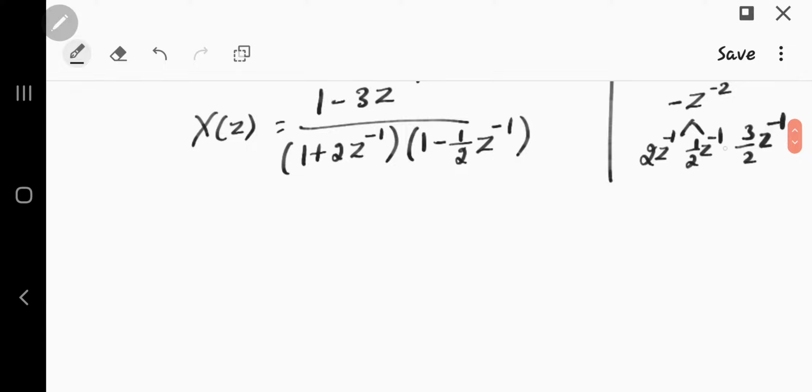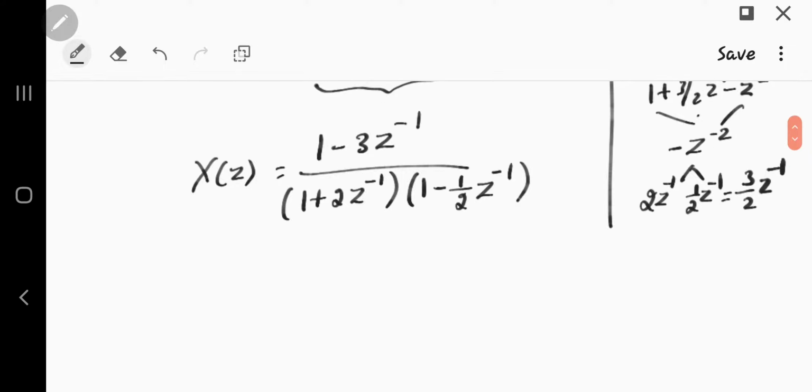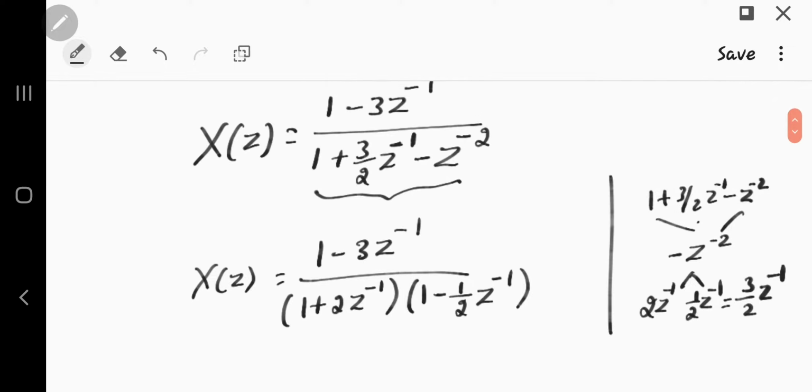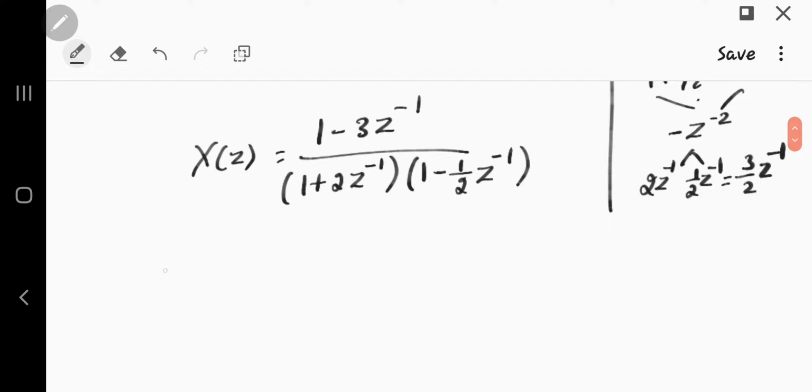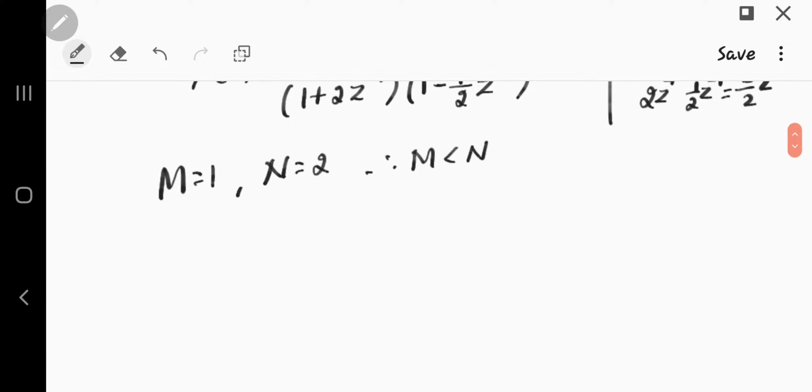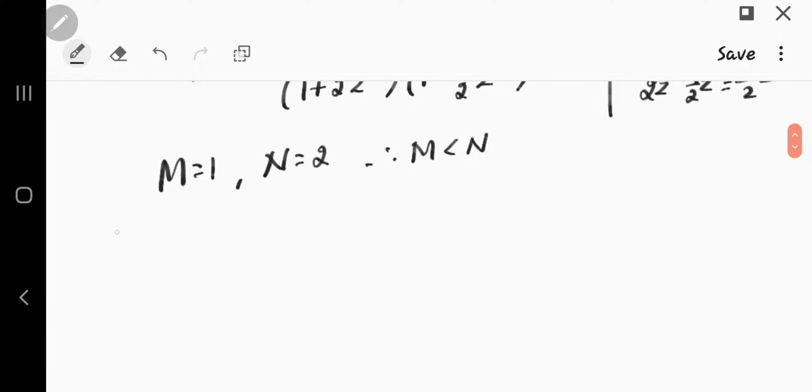Coming to this, if you observe, the power in the numerator is 1 and in the denominator it is 2. So m is equal to 1, n is equal to 2. Therefore m is less than n, so we can apply partial fraction expansion.